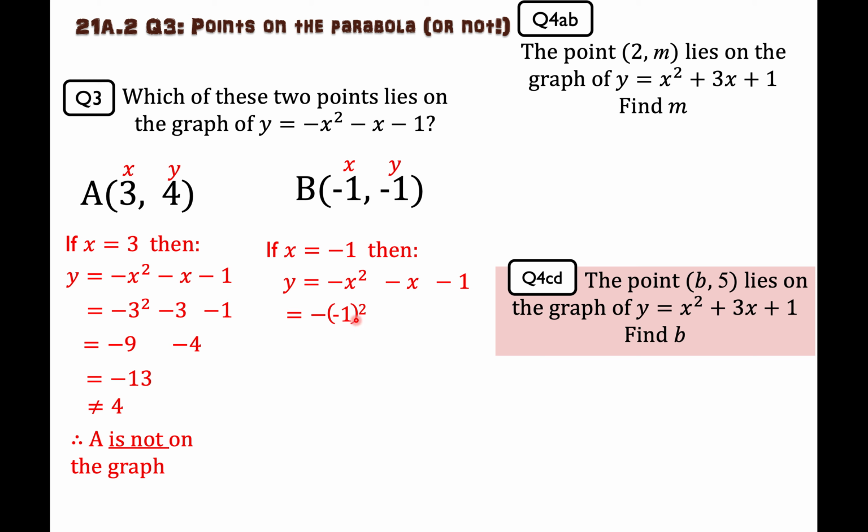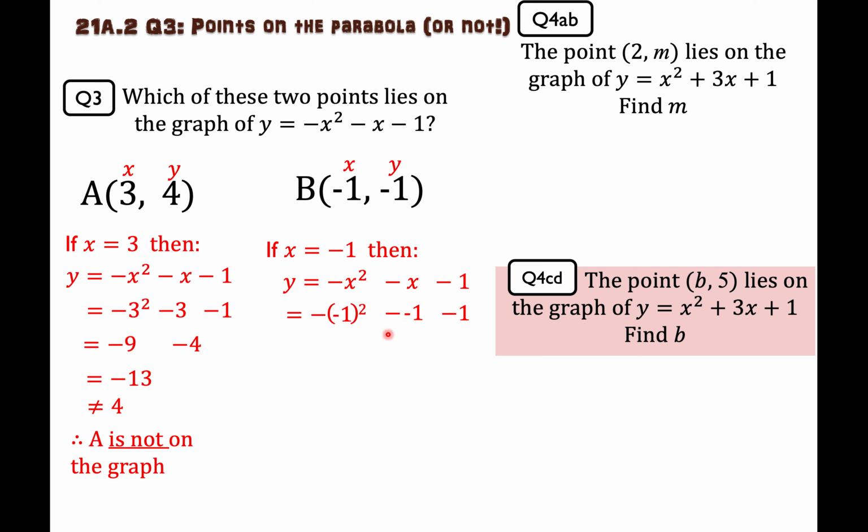So I'll put it in brackets to show that it's this whole negative 1 being squared. Alright, and then subtract, I've got a minus, and then I can replace x with negative 1. I don't really need brackets here. It's mainly when I've got squaring that it really comes in handy. So you can leave out the brackets here if you want, like I did. And then I've got minus 1. There is no reason that one minus is longer than the other. I just thought it looked nice that way.